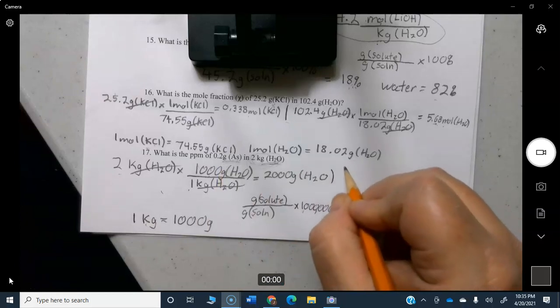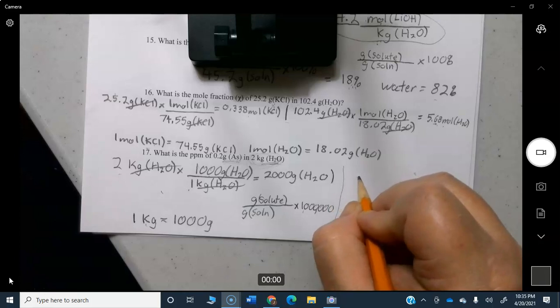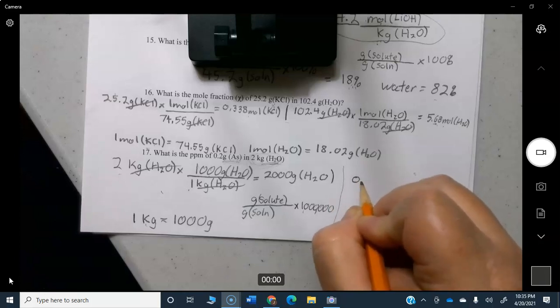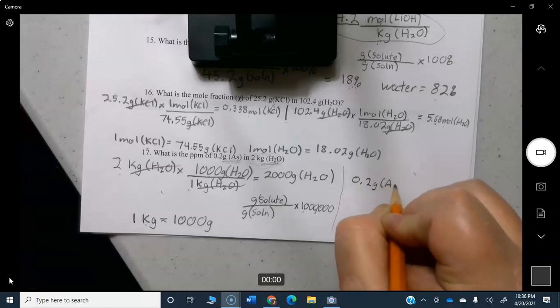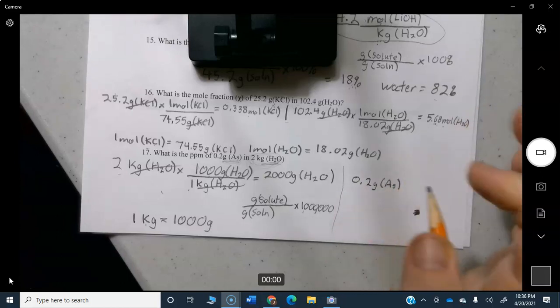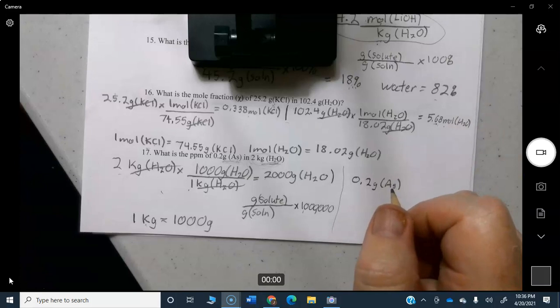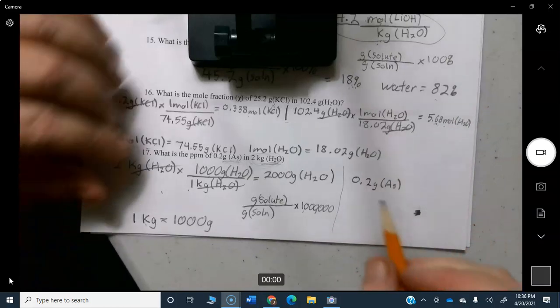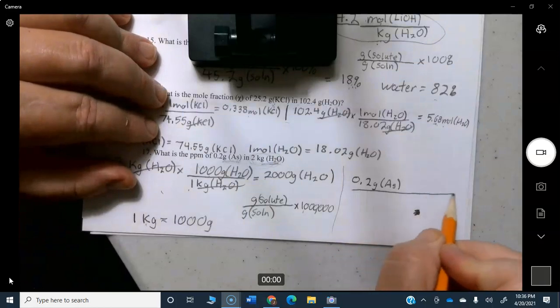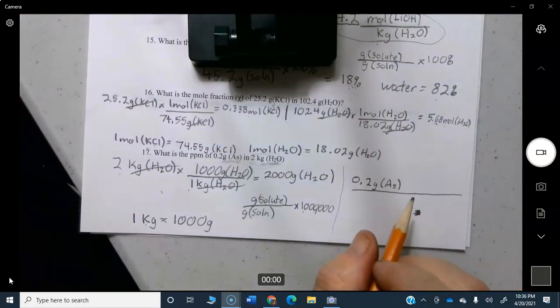So I'm going to try to record this so it doesn't get messy here. 0.02 grams of AS. I said aspartame, that's actually arsenic. And that can be in your drinking water, but as long as it's not a high concentration, it's okay.